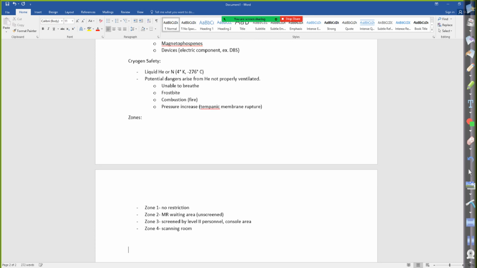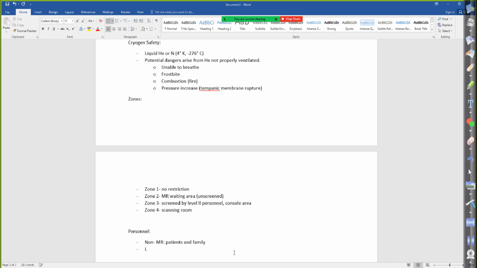All right, personnel. How many levels do we have? 3. We have 3, but the first one's just called non-MR. Patients, family. Level 1: how much training do they get? Limited, minimal. Example: front desk people signing you in, MR administration.